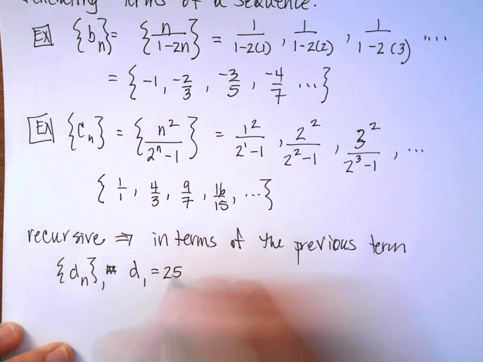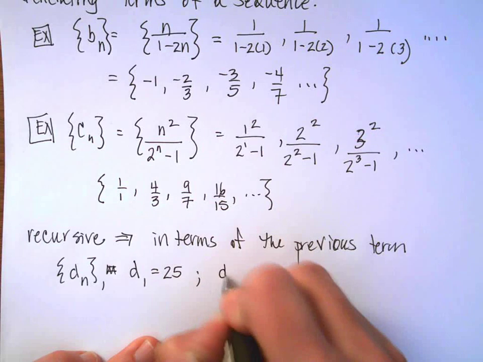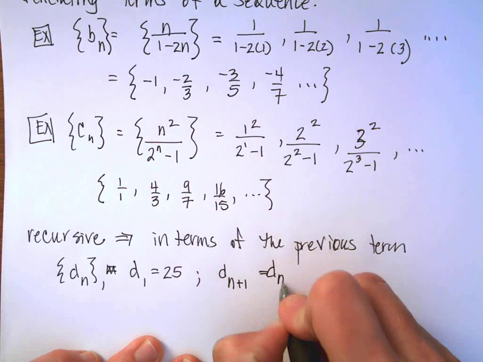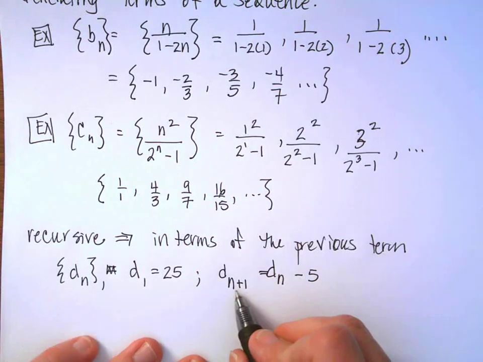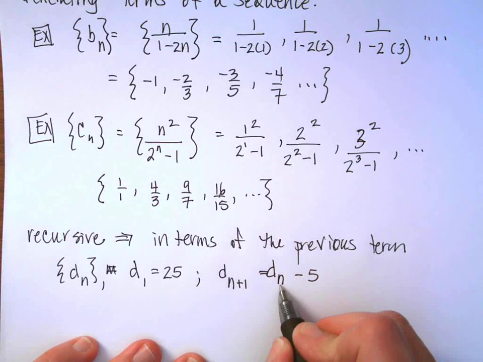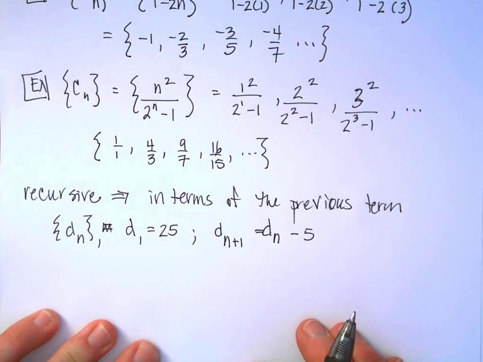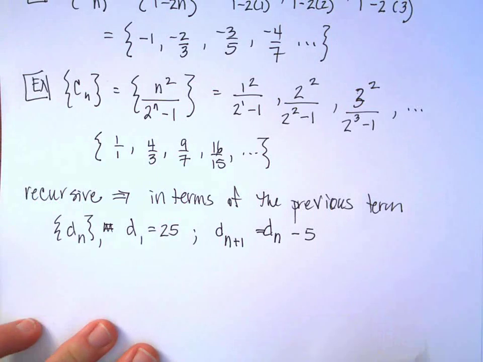And then I'm going to know that the first term is equal to 25. And then here's how the notation looks a little bit different. It might be the next term is equal to the previous term minus 5. So again, it's not that different from what we talked about before, but instead of saying u sub n is equal to u sub n minus 1, this one says the next term is equal to the previous term, take away 5. So I just wanted to show you that notation because sometimes recursive formulas can look a little bit different.